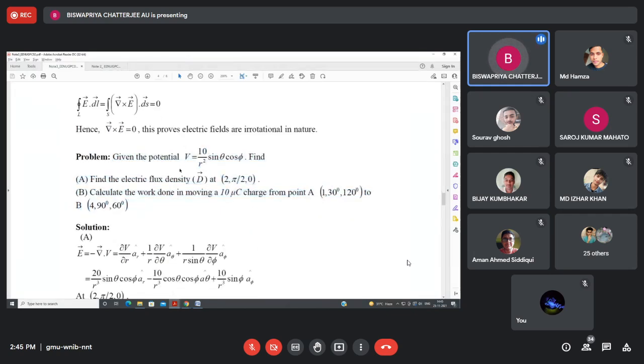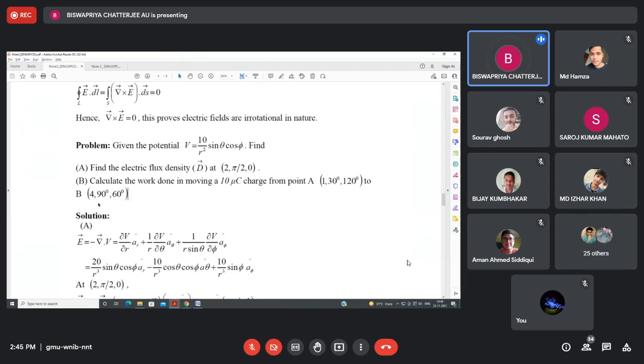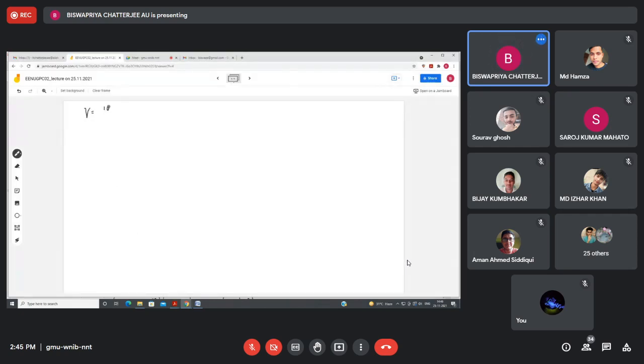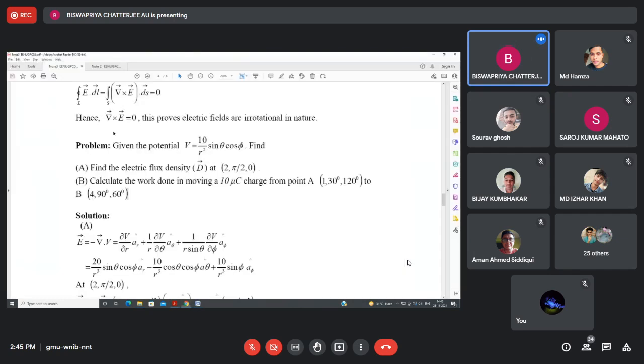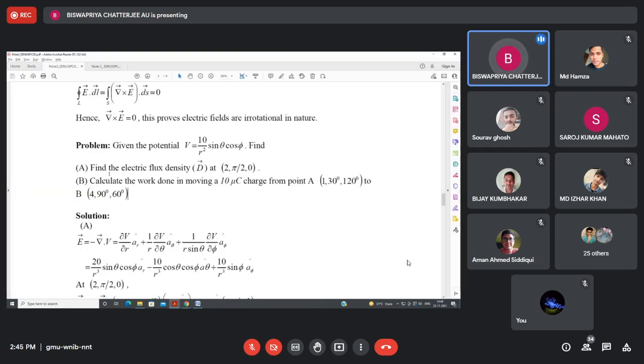So now the next problem, you focus on this problem. A potential function is given, V is equal to 10 by R square sin theta cos phi. In the first part, find the electric flux density.